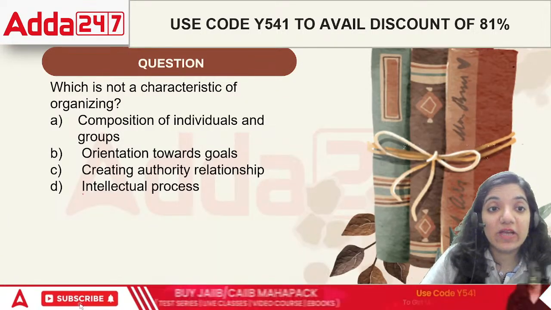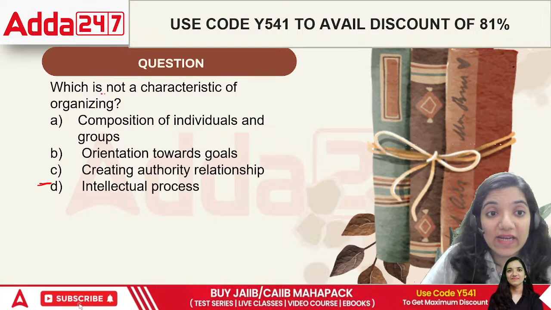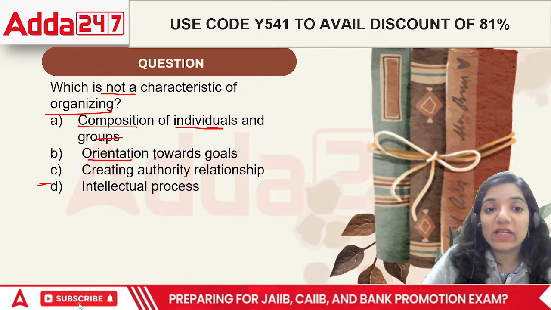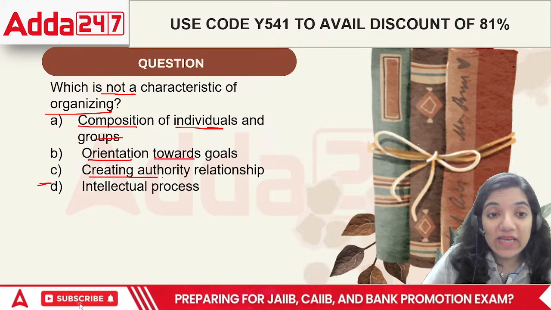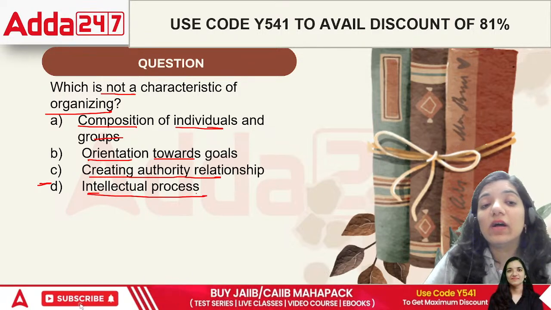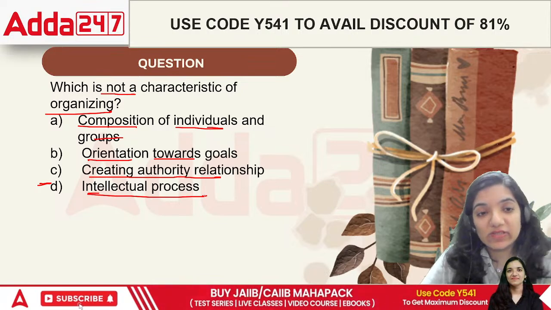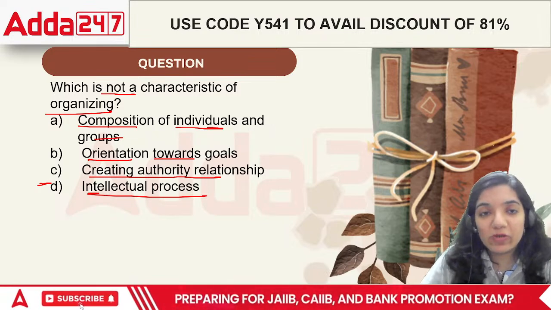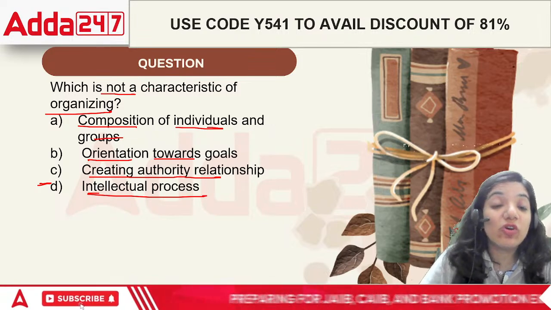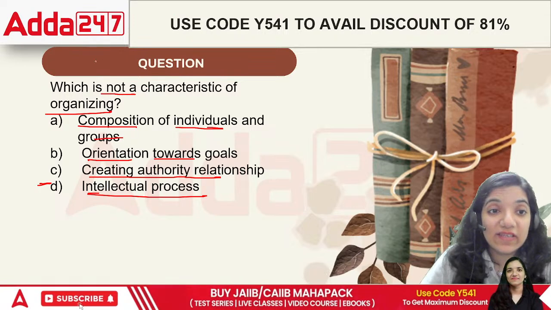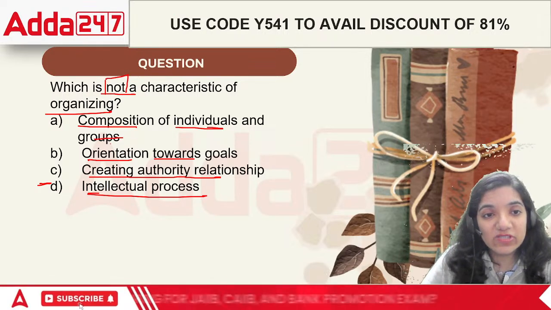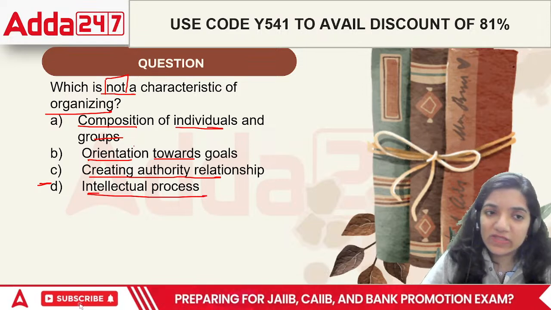Okay, the next question: which of the following is not a characteristic of organizing? Composition of individuals and groups, orientation towards goals, creating authority and responsibility relationships, or intellectual process. The question says not a characteristic, meaning there is something which is not a part of organizing. Composition of individuals and groups is important.